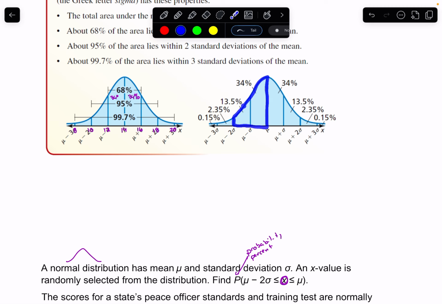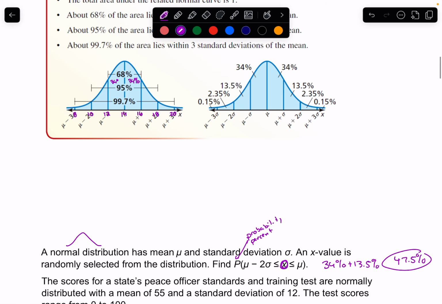So it just wants me to add those two sections together. So I would take the 34% of this section and add the 13.5% that is this section. So all I have to do is 34% plus 13.5%, and that means 47.5% of the time, my value is going to be in between these 2 points on the graph.